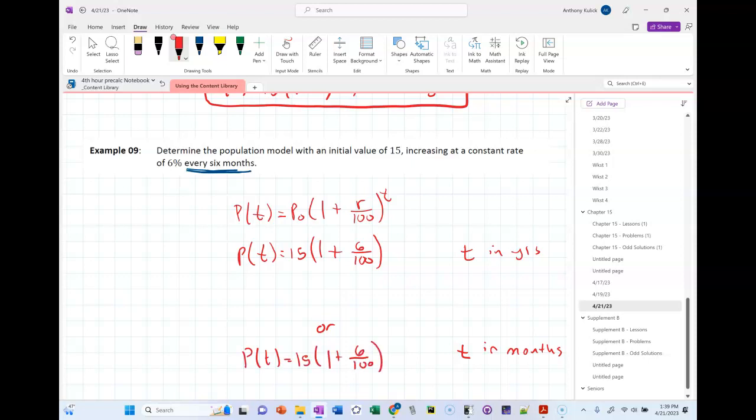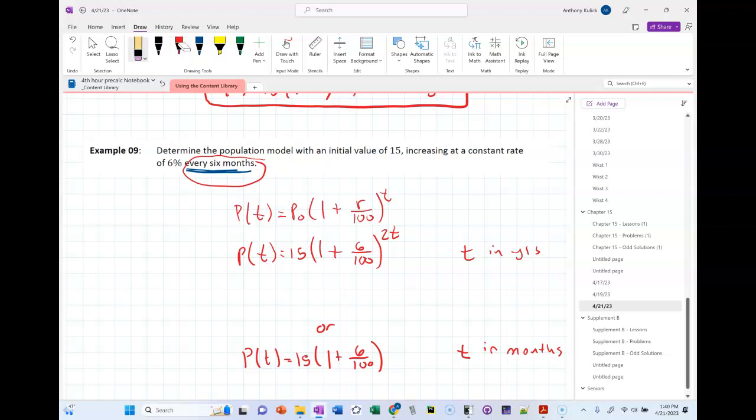All right, so if t is in years, how often does 6 months occur in 1 year? Twice. So instead of writing t here, I'm going to write 2t. Because that increase is going to happen twice inside of 1 year because it's happening every 6 months. Everybody okay there?